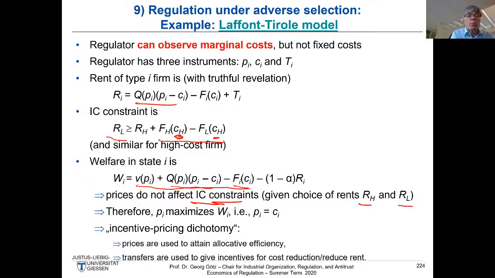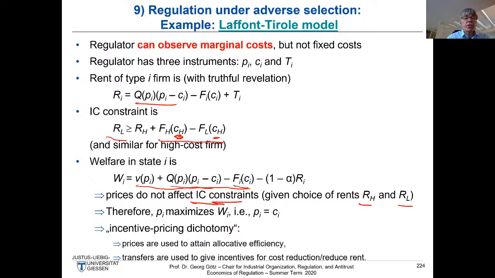So you see no price here, and therefore you don't have an incentive to distort the price. And therefore, you can directly take a derivative with respect to the prices, and you will see price just maximizes the total surplus, and therefore we will get price equal to marginal cost.